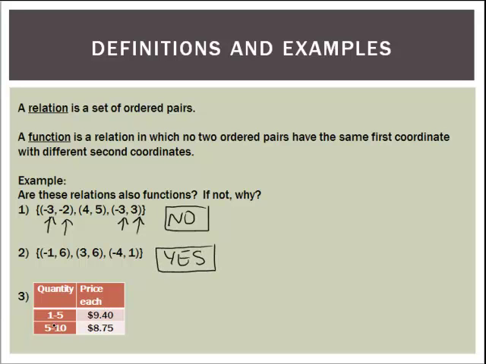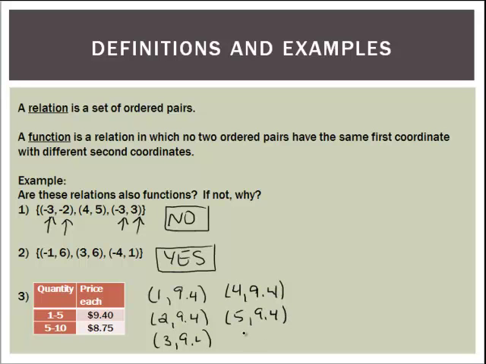How about number 3? We have 1 to 5 cost $9.40 each, and 5 to 10 cost $8.75 each. If you were to write out ordered pairs for this, you would have (1, 940), (2, 940), (3, 940), (4, 940), (5, 940), but then you also have (5, 875).